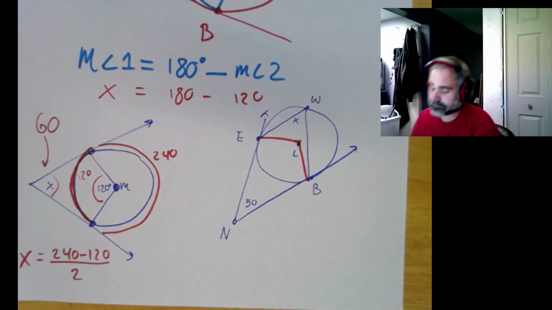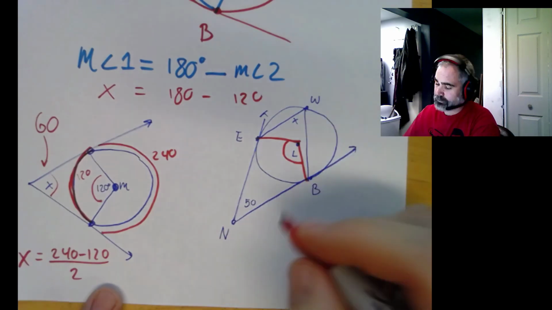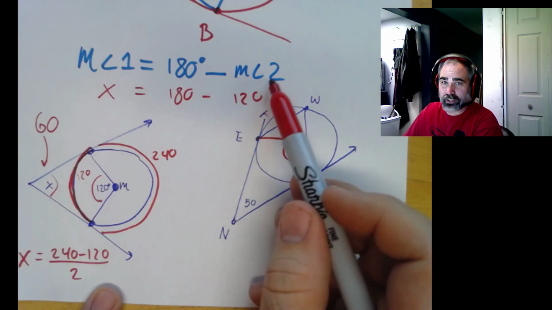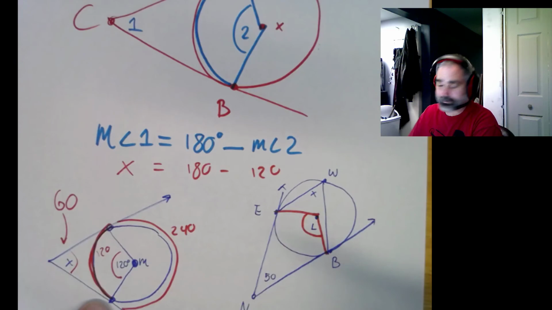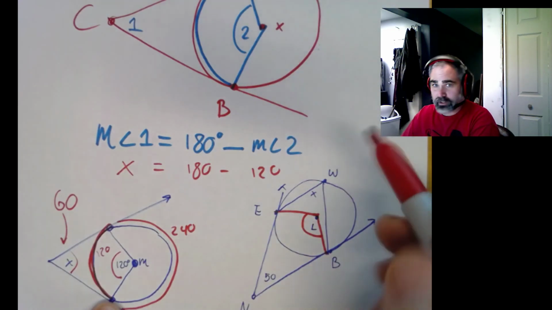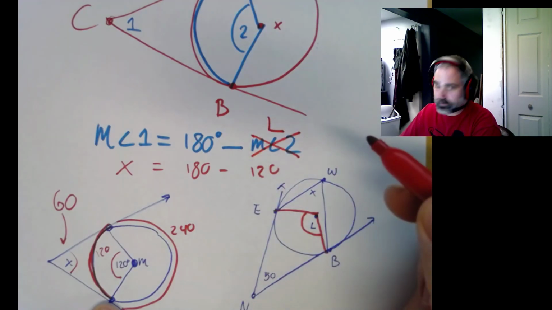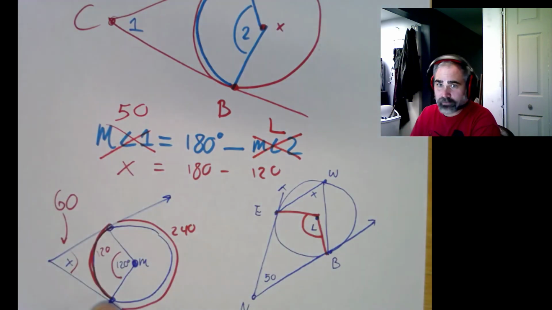No big deal. Okay, so remember, if I wanted to find this angle right here, angle L, I could do the same thing. I know that angle L, it's that central angle, I would just put the variable in for this part of the formula. So I could find angle L this way. I'm just going to replace this with L and this with 50.